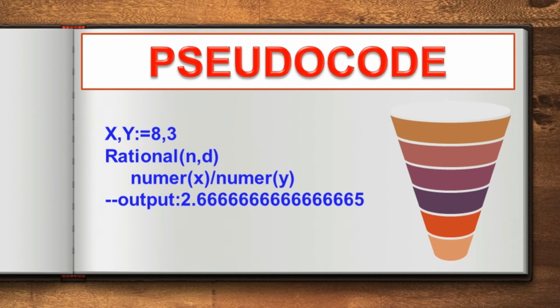Numerator of x and denominator of y. Numerator of x returns the numerator of rational number x, and denominator of y returns the denominator of rational number y. So here 8 by 3, when divided, gives the output 2.66665.